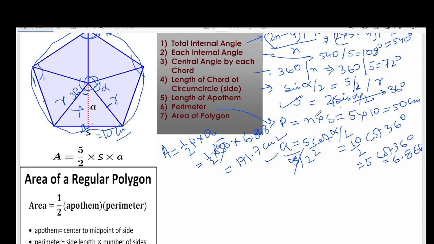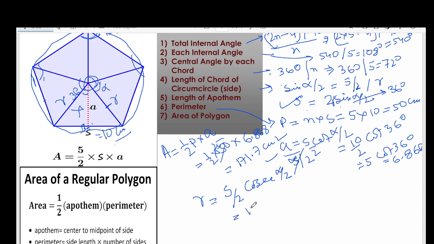Okay. Now, if they have given the value of the side 10, and they have not given the value of R, how will we find out? You can find out from this formula also. S is 10, 2R sine alpha by 2, put here, you can find out. Ultimately it is nothing but R equal to s by 2 cosec alpha by 2.